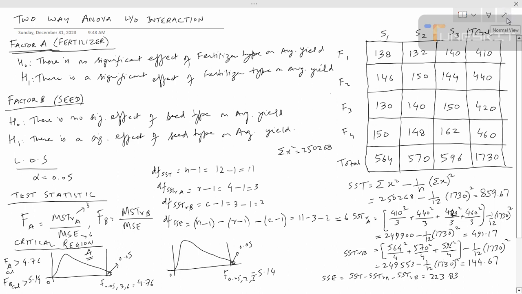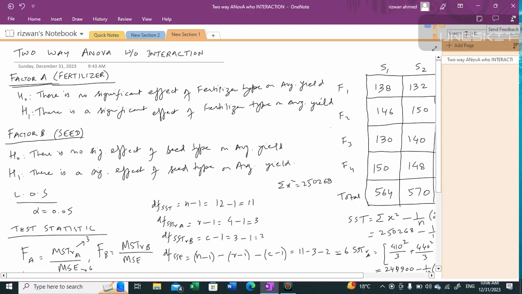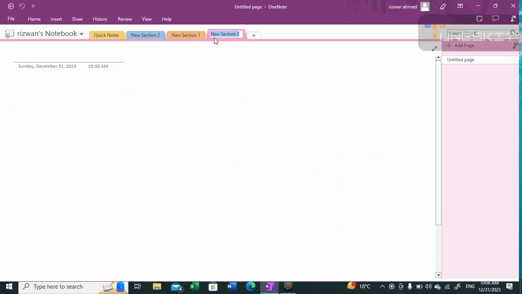Now I am changing the page. Moving to the next page, we are going to present our results in ANOVA table.